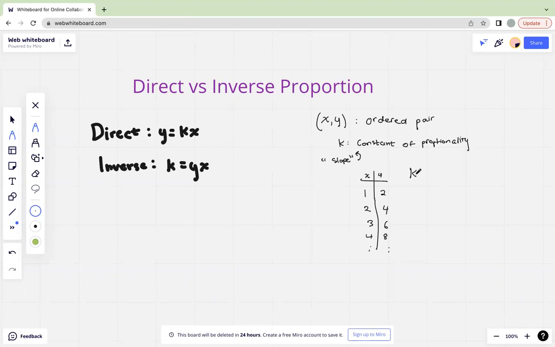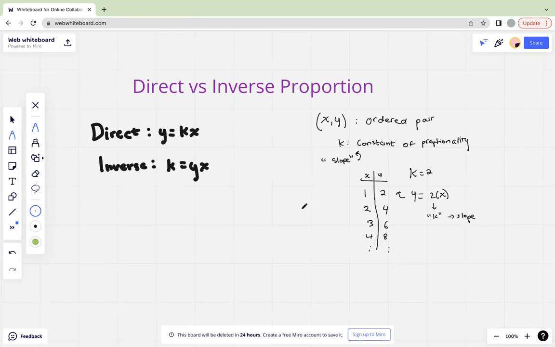So your constant of proportionality here is 2. And say you wanted to write a function to find y in terms of x, you know that 2 times your x value gives you this table. But what essentially is happening here is 2, or your k value, is your slope.